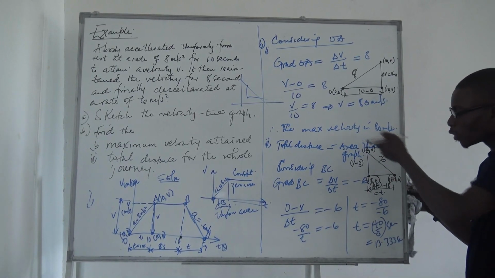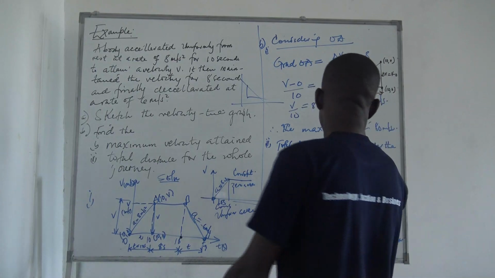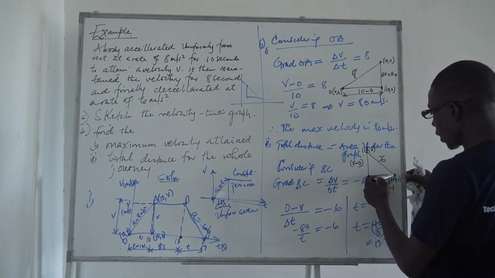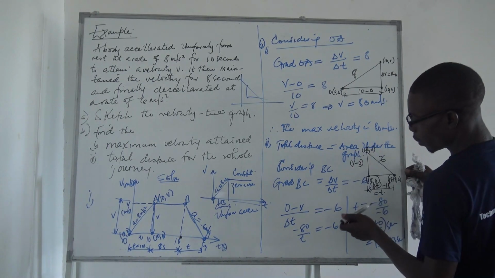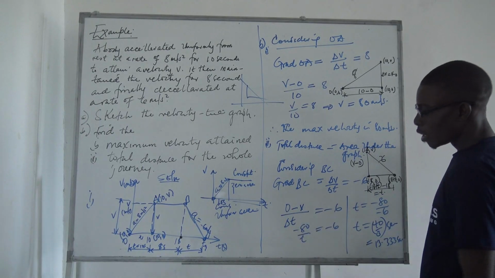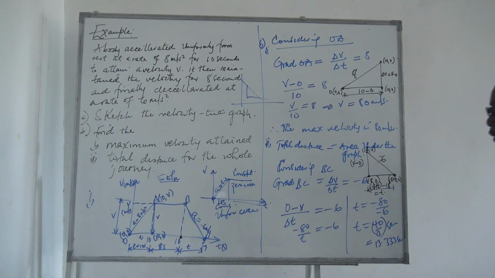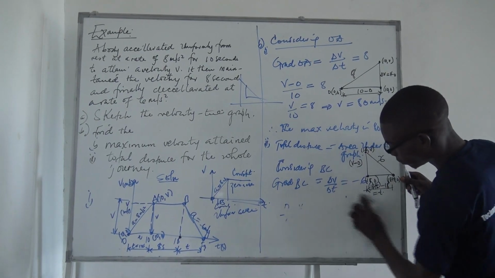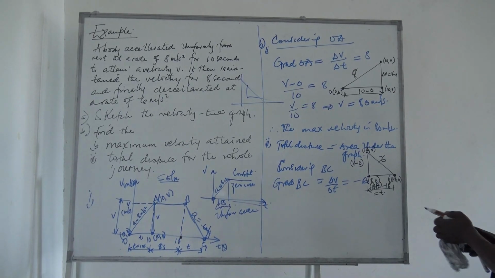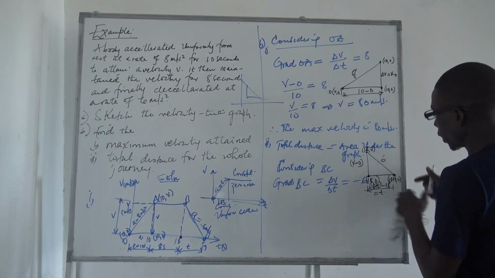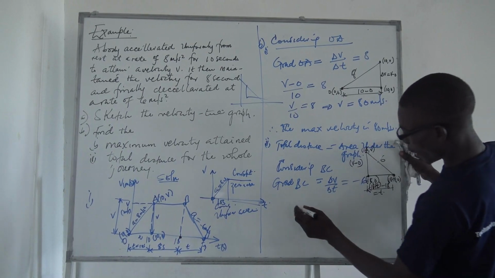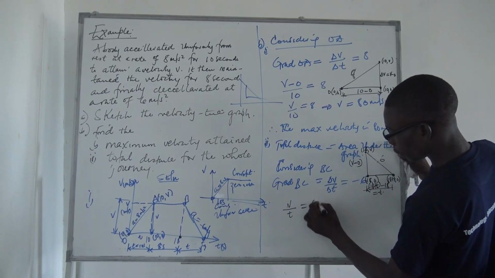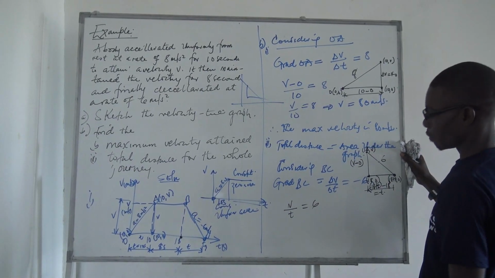Is that okay? And we say that if we consider the gradient to be a negative one, we should now say it is equal to this value minus the value here, which is 0 minus V, out of the change in t. Or if you can't do that, you can also do it in this format here. And because you're calculating the gradient, you can say this is the same as V out of t equaling to 6, because you have noted the negative.